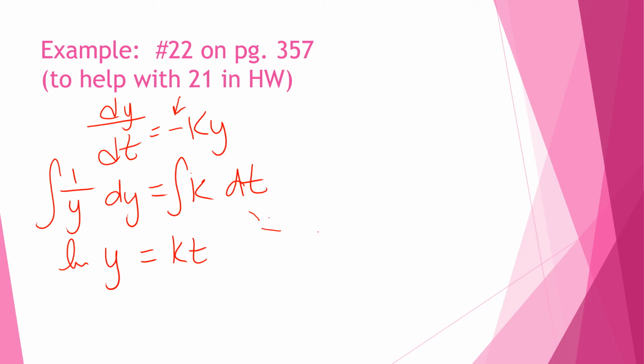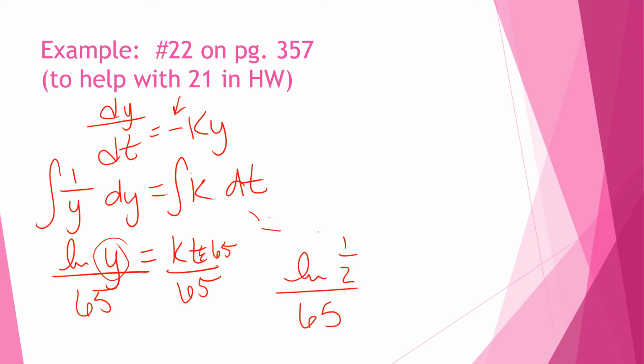If our time is 65, we're going to be dividing by 65. And we wanted our final amount to be half of what we started with, so this y value is really just 1/2. So this will be the natural log of 1/2 over 65, and that is equal to k. That's how your answer will be left in the ones that you're solving.